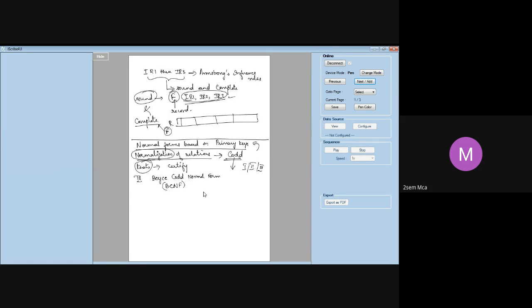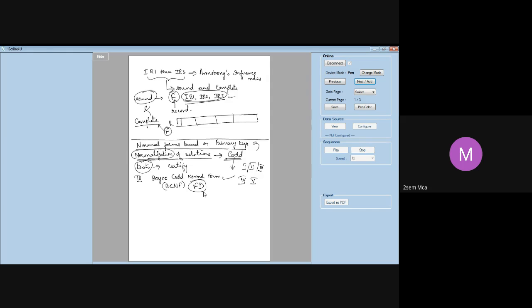All these forms are based on functional dependencies among the attributes. If you don't know functional dependency, it will become difficult to follow normalization. Later, after the third normal form came the fourth and fifth normal forms.